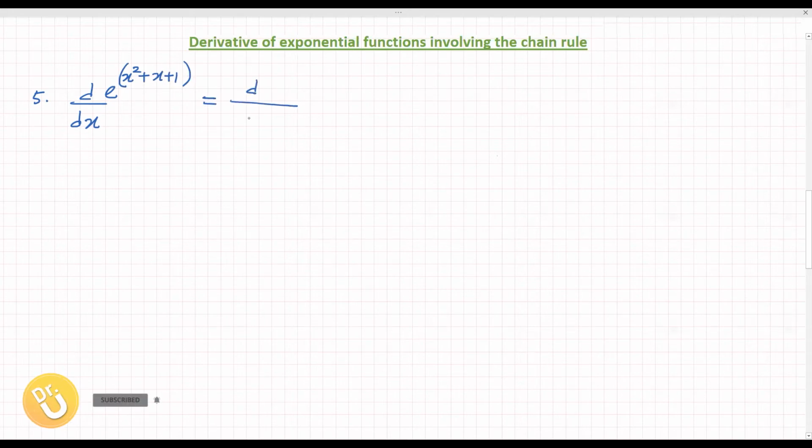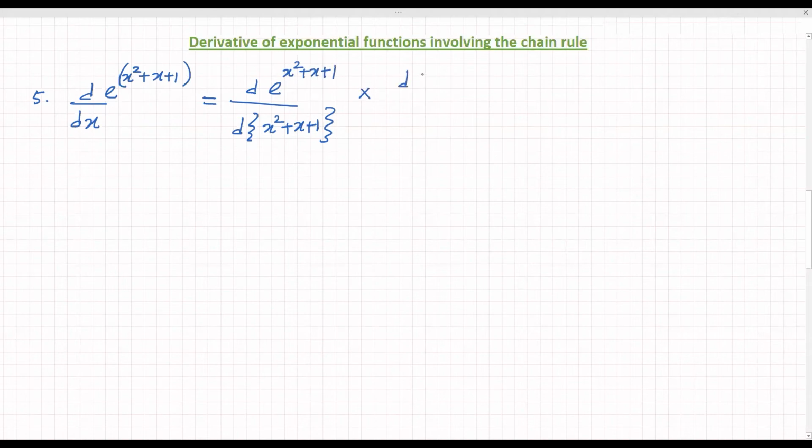Now what we will do, I will construct the variable associated with the operator, which is x squared plus x plus 1. Here you get e^(x squared plus x plus 1), and I'm going to cancel that. This is nothing but the chain rule, d/dx of x squared plus x plus 1. Then you are going to divide by dx.